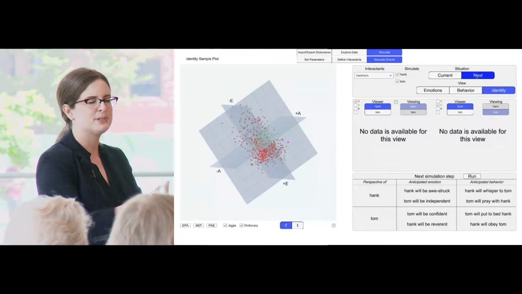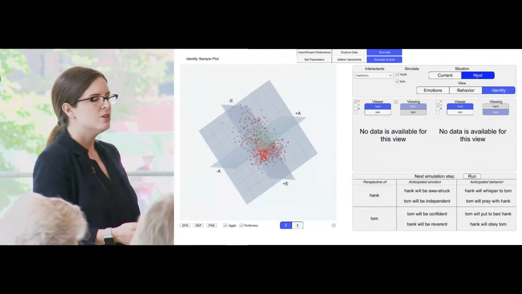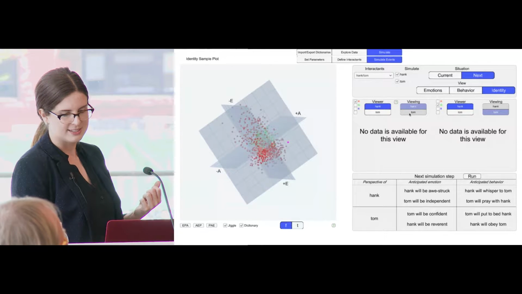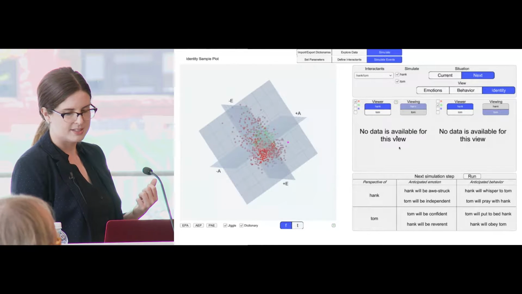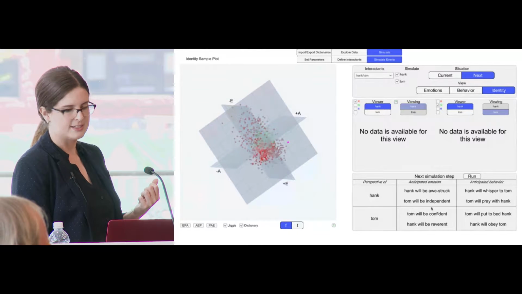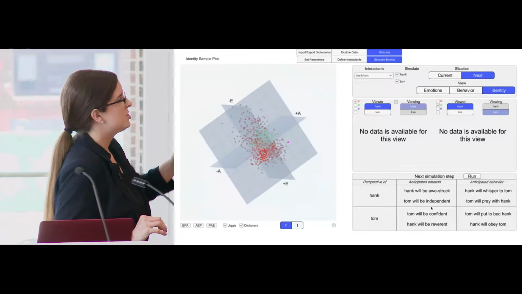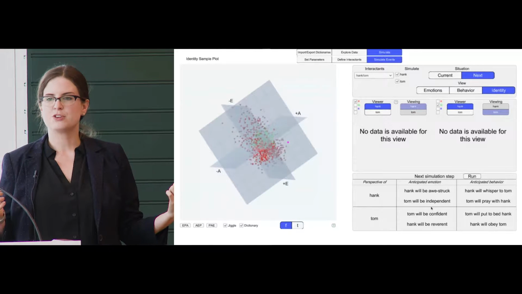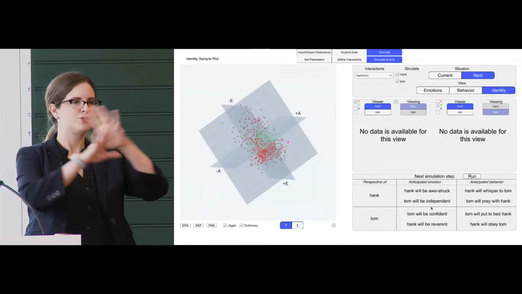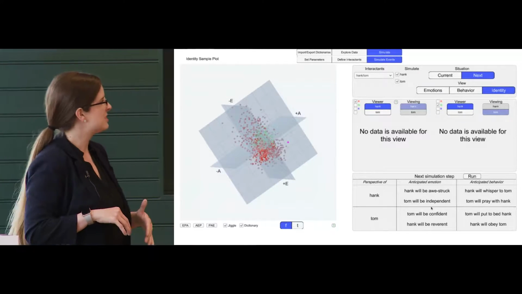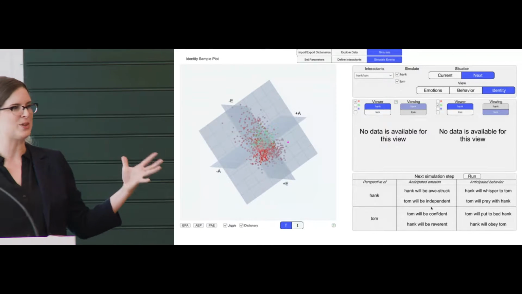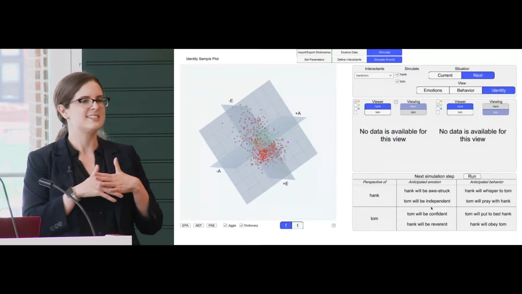The next tab is planning what you're going to do in the future. So this is where you actually start to set different outcomes, and Doug added the nice feature of having the display at the bottom of the screen what you've specified, because there are so many moving parts here. It'll tell you how Hank thinks Hank is feeling and how Hank thinks Tom is feeling and what their actions are in a sentence.